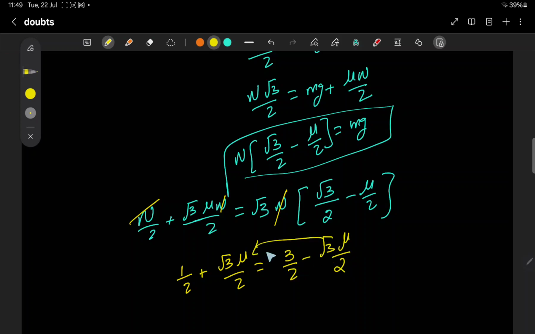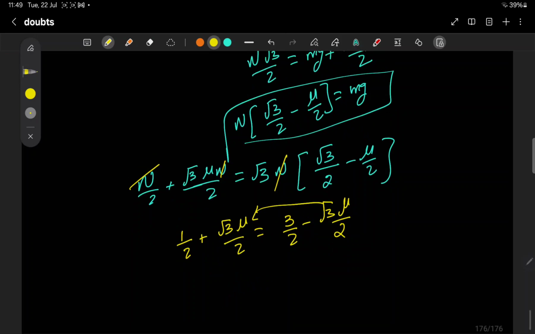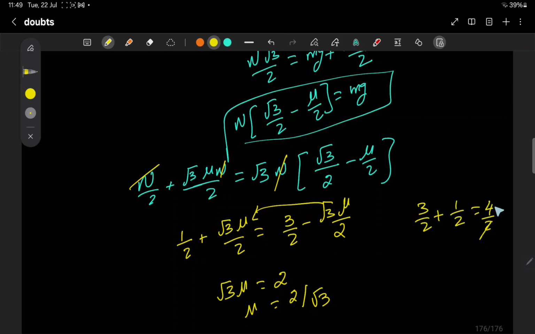If I bring this here, we get root 3 mu is equal to 3 by 2 plus 1 by 2, which is 4 by 2, which is 2. So the value of mu would be 2 by root 3.